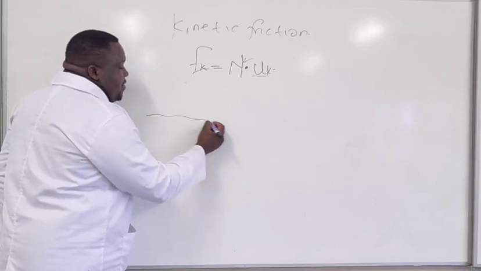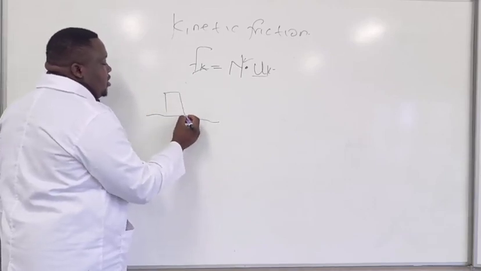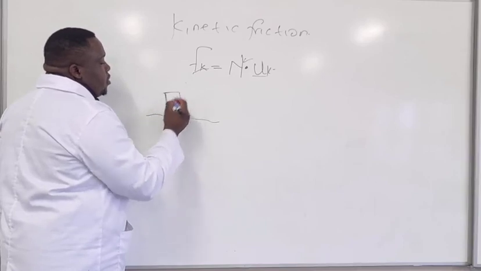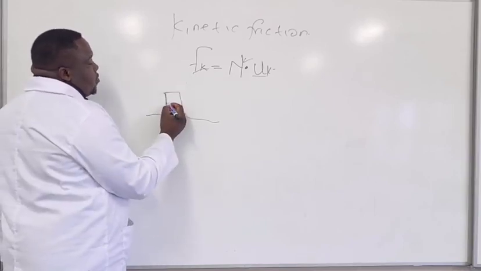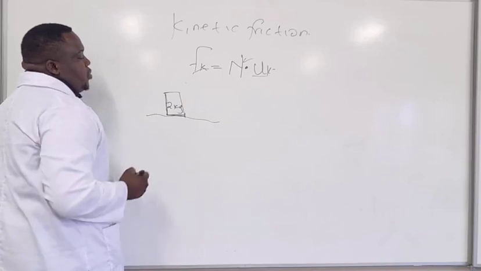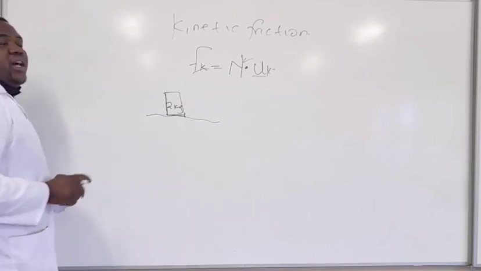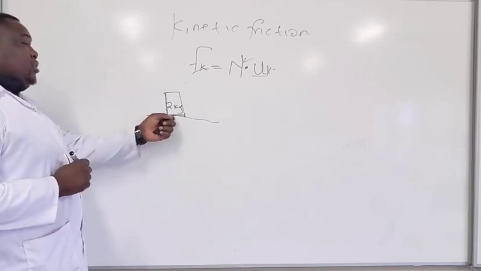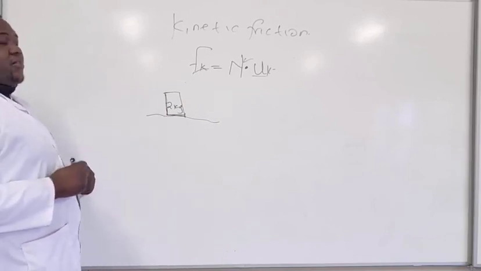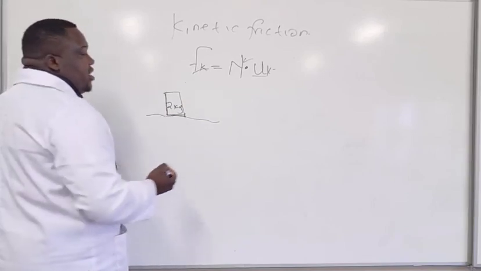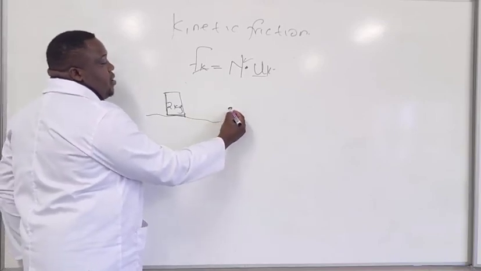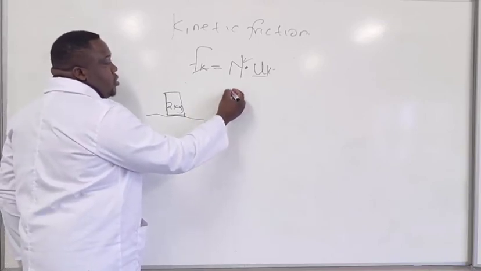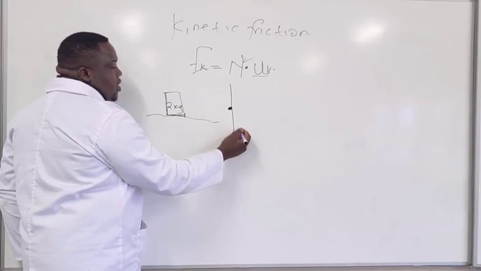Let's say we have an object which is lying on the surface. Can you see 2 kg? We have got a 2 kg object which is lying on a flat surface. When we want to represent the free body diagram of this object, normal force and gravitational force, we're going to draw a body which is a dot, then we draw a straight line.